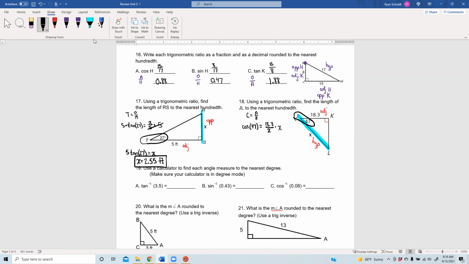Multiply by x on both sides. Those will cancel. I'm going to have x times the cosine of 47 equals 18.3. Divide by the cosine of 47. Those cancel and gets me x equals 18.3 over the cosine of 47.